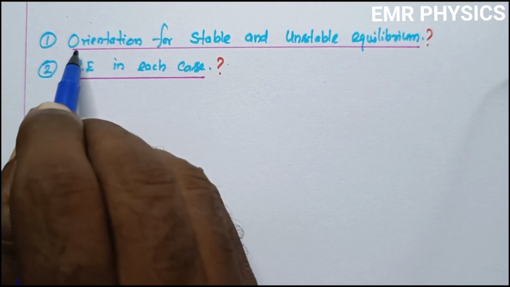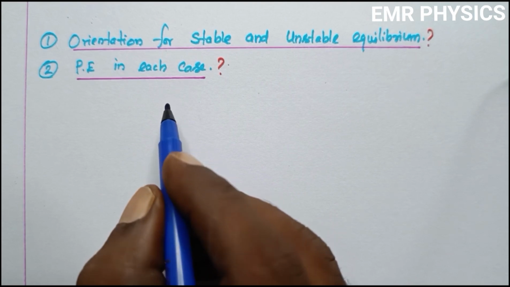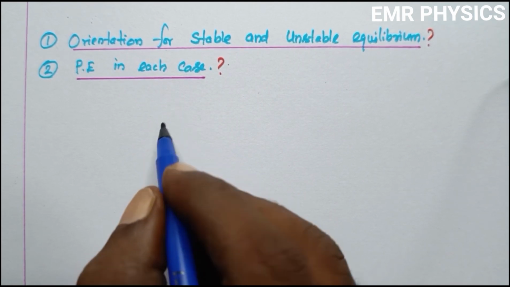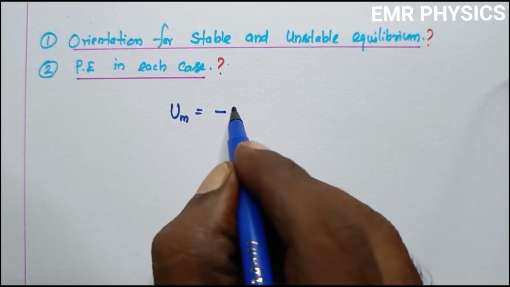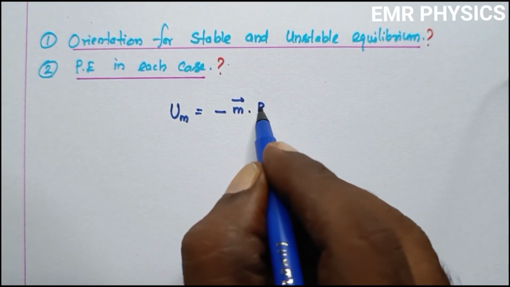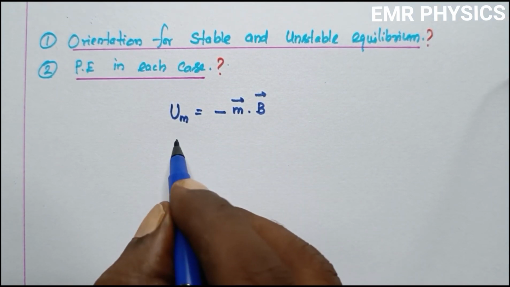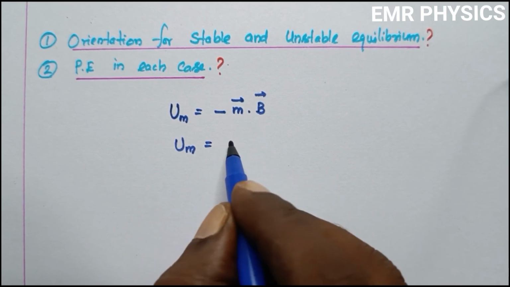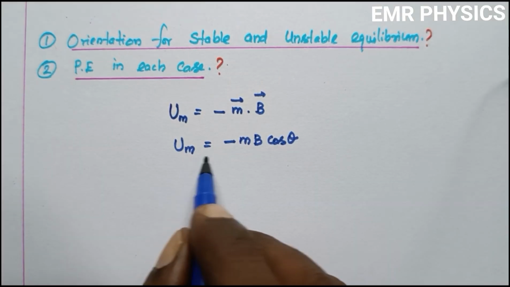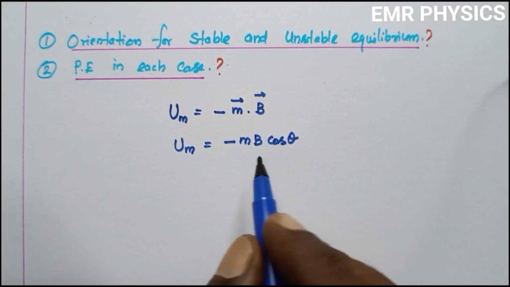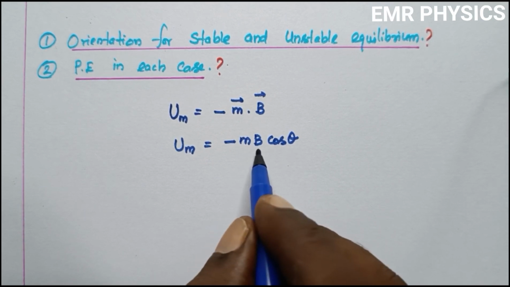Now, let us consider the first question, orientation for stable and unstable equilibrium. The magnetic potential energy is given by the relation U_m equals minus m vector dot b vector. This is a vector dot product. Therefore, this can be written as U_m equals minus m b cos theta. From this relation, we can understand that U_m depends on theta if m and b are not changing.